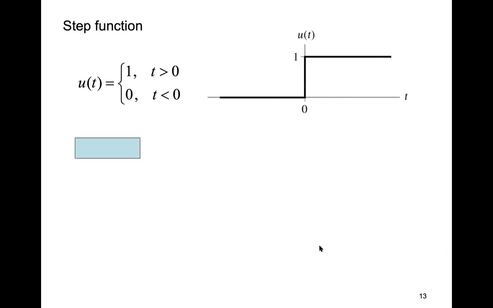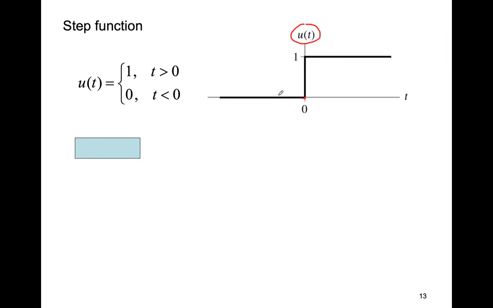If you think about the step function, in Turkish we call it basamak fonksiyonu, it is very easy. If you look at this, at the 0 time instant, it will become 1. It's just like a stairs. We represent it with u of t.